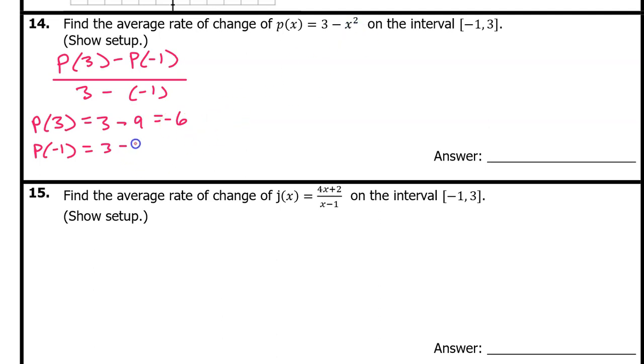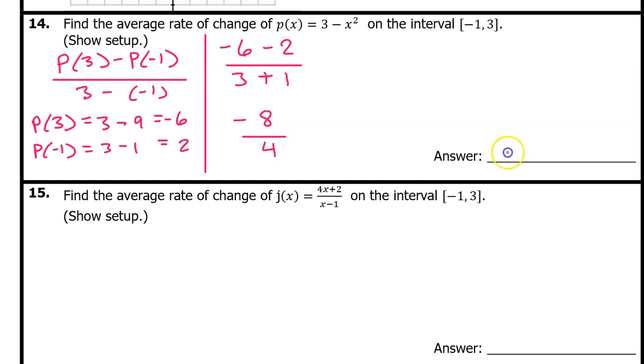Negative 1 squared is positive 1, and 3 minus 1 is 2. So let's substitute these values into the numerator. So that's going to be negative 6 minus 2, divided by, and 3 minus negative 1 is the same as 3 plus 1. So that's going to be negative 8 divided by 4. In other words, the answer is negative 2.